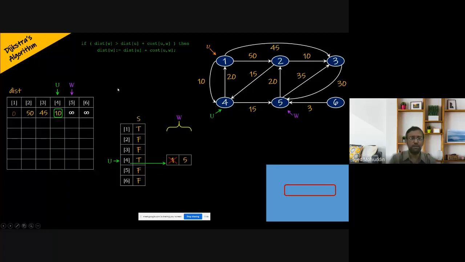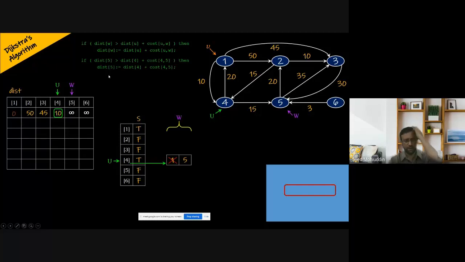Now let us apply the relaxation technique. It says that if the distance of W, which is vertex 5, is greater than the distance of U, which is vertex 4, plus the cost of U comma W, that is the cost of the edge from vertex 4 to vertex 5, then the distance is updated.